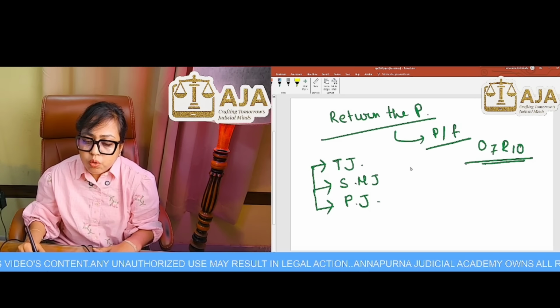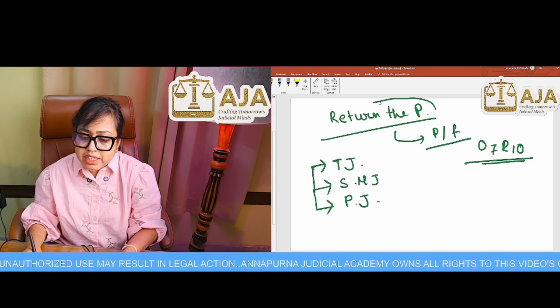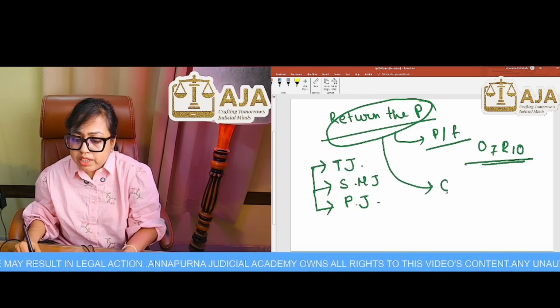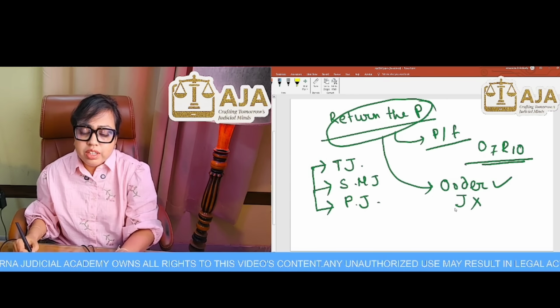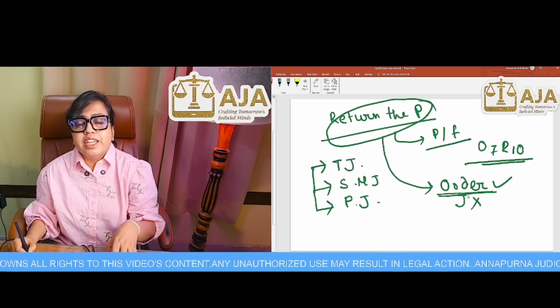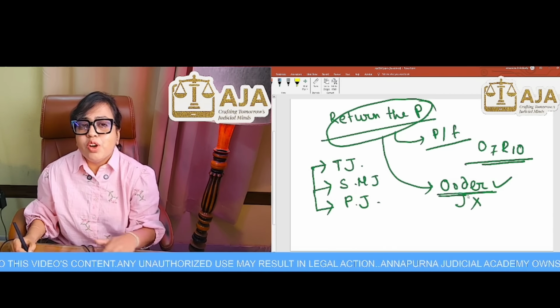Now, the court returns the plaint to the plaintiff. This is an order. This is not a judgment. Why so? Because the hearing of the suit on merit has not been conducted.